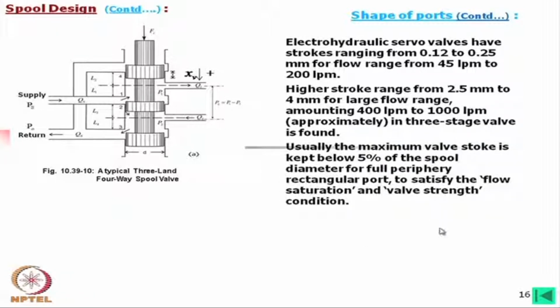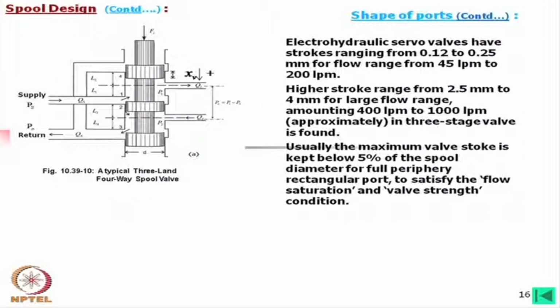Usually the maximum valve stroke is kept below 5% of the spool diameter for a full periphery rectangular port to satisfy the flow saturation and valve strength conditions. Flow saturation means that with the stroke the flow is increasing, but we have to consider that too much nonlinearity should not be there.